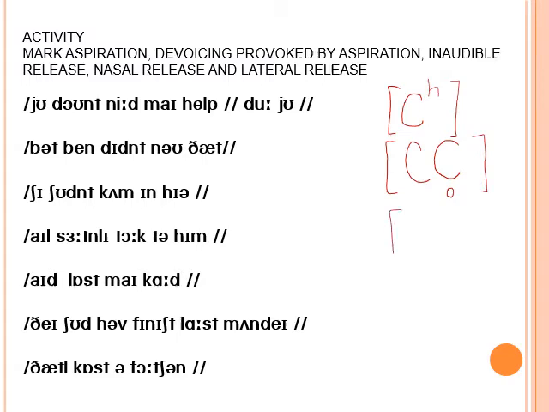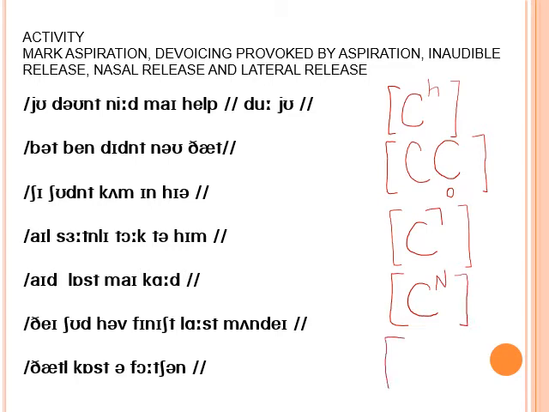Inaudible release, when you have the consonant and you have this symbol like an angle closing the closure. The release. The nasal release, it's when you have a consonant and you mark the capital letter N between the plosive and the nasal.